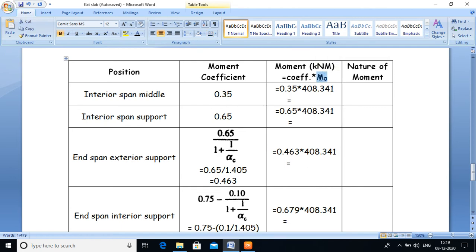M0 we have calculated already. If you multiply M0 by the coefficient, we will get the actual moment developed, and that moment is 142.919, the unit is kilonewton meter. And what about the nature? As this moment is in the middle span, the nature of that moment is positive.